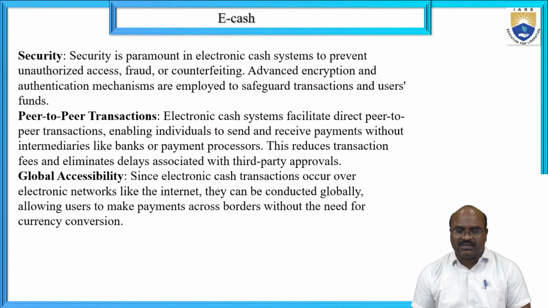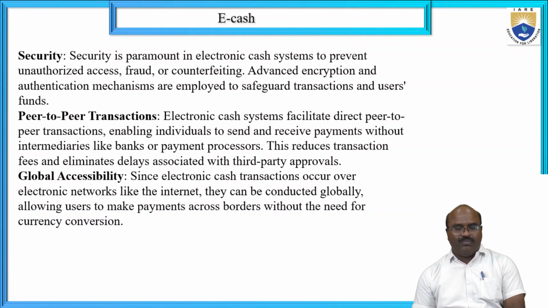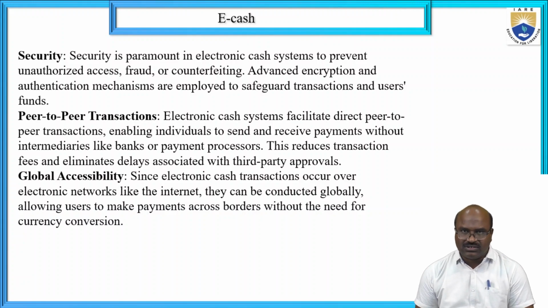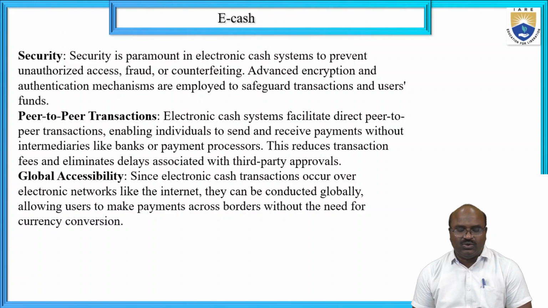Electronic cash systems facilitate direct P2P transactions, enabling individuals to send and receive payments without intermediaries like banks or payment processors. This reduces transaction fees and eliminates delays associated with third-party approval. Because the transaction goes on securely using P2P, security can be implemented, and more security is provided to eCash transactions.